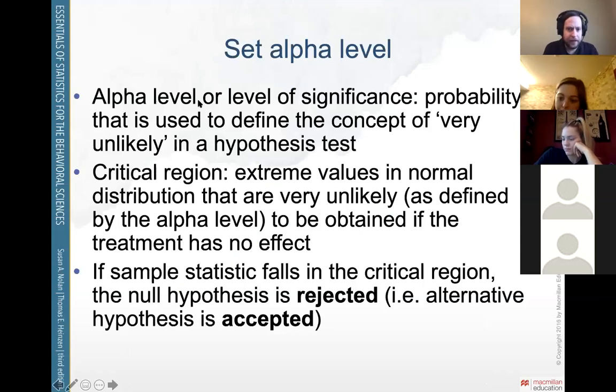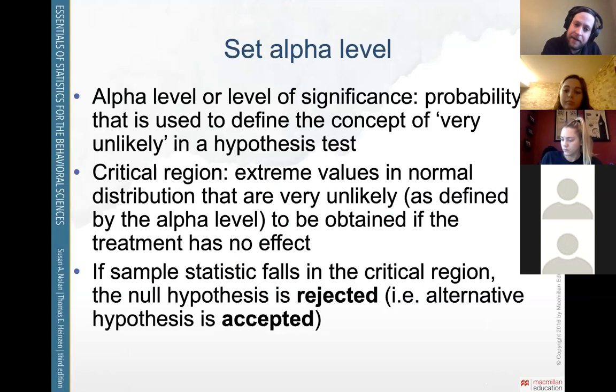Alpha level. In psychology, I mentioned last time that there's an alpha level which is used most commonly. Anyone remember what that alpha level is? 5%, or 0.05, which means that 5% of the area underneath the normal distribution lies in those two tails.